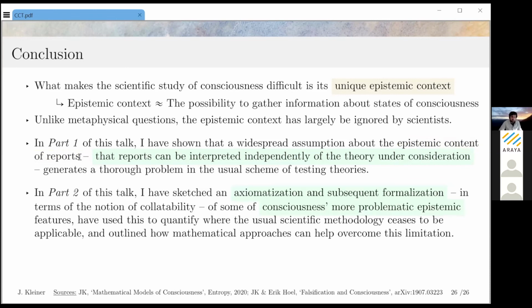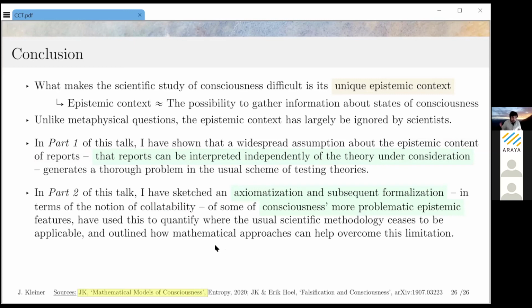In the second part of this talk, I sketched an axiomatization and subsequent formalization of some of consciousness's more problematic epistemic features: intrinsicality, privateness, and unavailability to cognitive access, with the axiomatization being the notion of non-collateability. I worked that out much more thoroughly in the paper than I could sketch in this talk.